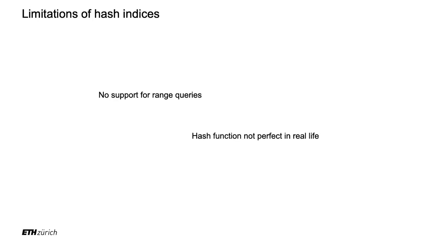Then another problem is that hash functions are not perfect in real life. I told you that ideally they have no collisions and so on, but in practice there will be collisions. So it's not going to be as instant as I'm telling you. It might sometimes be a bit slower. And the other thing is that if you want it to be as perfect as possible, then you need a lot of space. The more space you have, the more rows you have in that structure on the left.